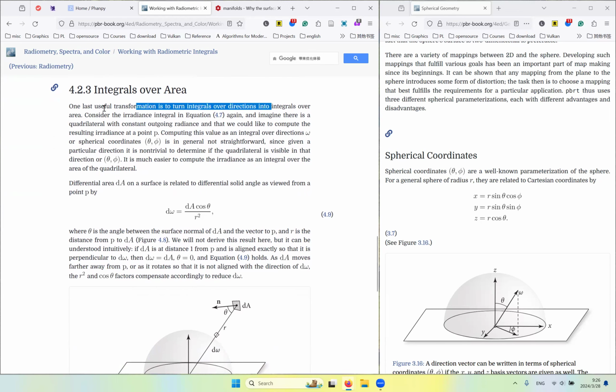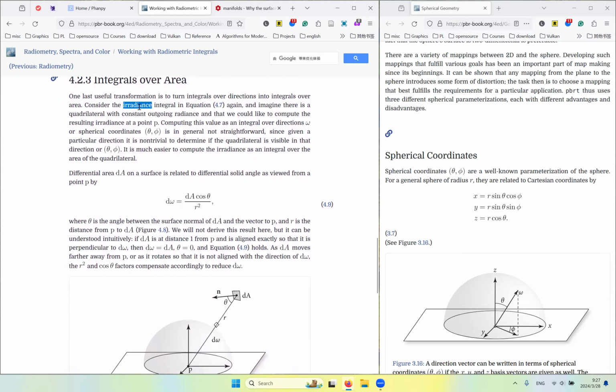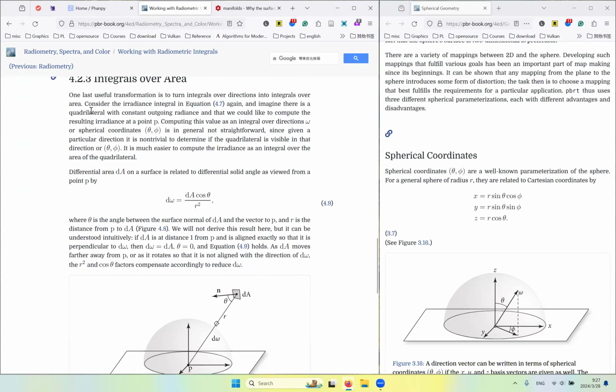Integrals over area, so irradiance again. Imagine we have a quadrilateral with constant outgoing irradiance, and we want to compute that.